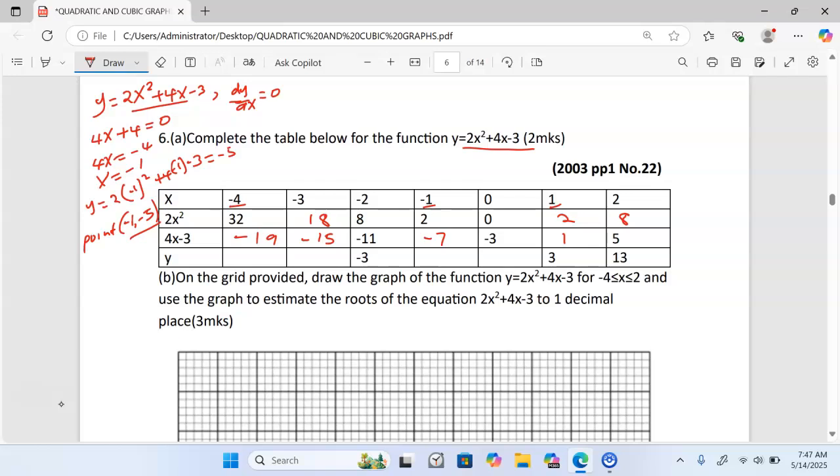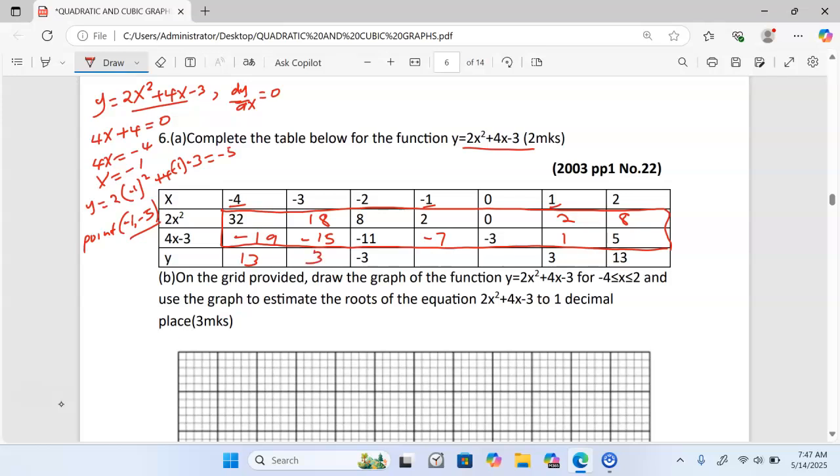Now we get the values of y by adding these two columns here. The values of y are going to be 32 plus −19, giving us 13. Then 18 plus −15, you get positive 3.